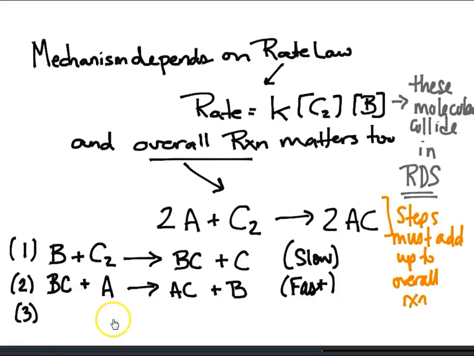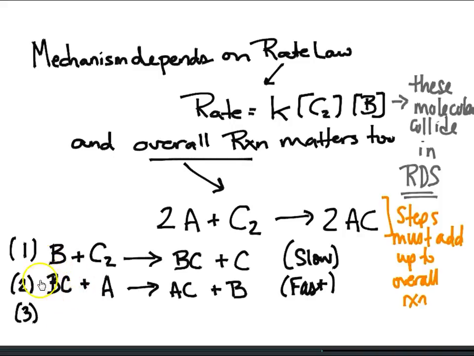Step 2, keeping in mind the overall reaction, means that anything that was formed in my first step that's not in my overall equation must be consumed in a later step. So that means that this BC here is an intermediate, and I know that because it doesn't appear in this reaction equation. So I have to use that up in step 2 or step 3.